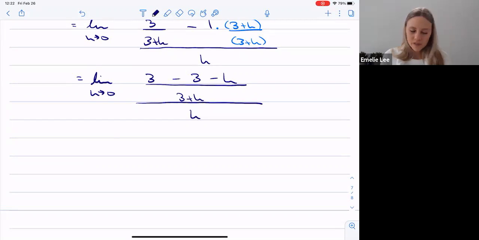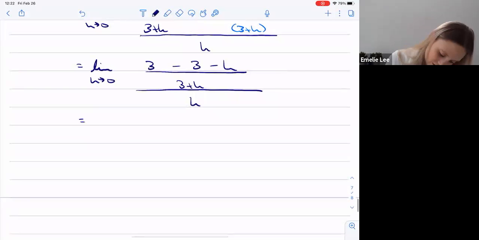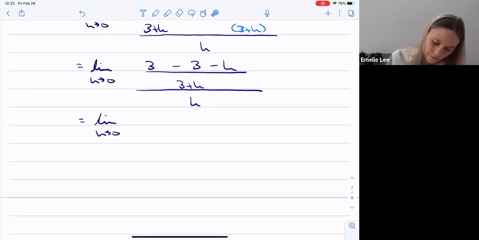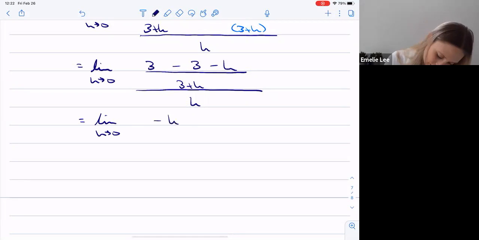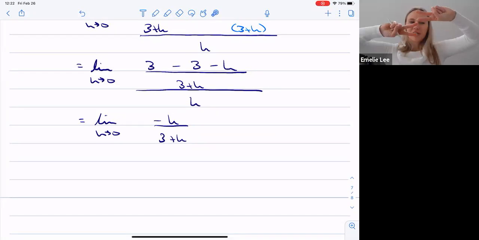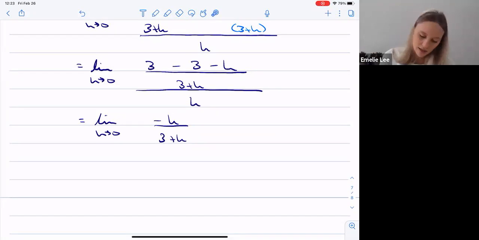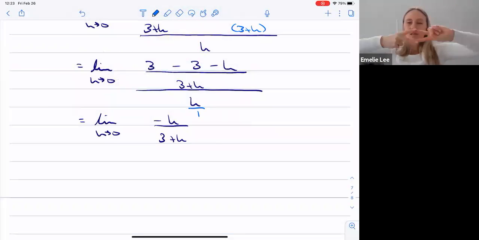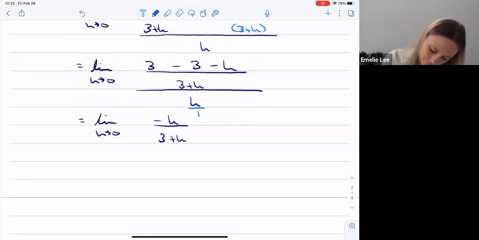Okay. So now I'm going to find the limit as h goes to 0. 3 minus 3 goes away, -h over 3 plus h. And then remember, if I have a fraction over a fraction, I have to flip the denominator and multiply. So when you look at h in the denominator, it's really h over 1, so h over 1 becomes times 1 over h.